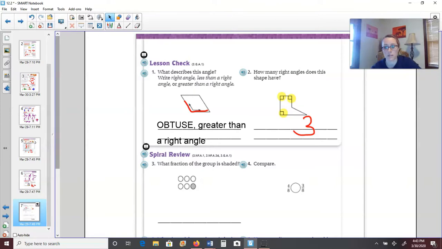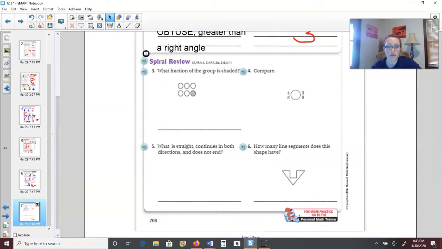All right, spiral review. Let's do this. What fraction of the group is shaded? Ooh, I love fractions. Well, let's look at our group. There are 1, 2, 3, 4, 5, 6 circles. The total number is our denominator down at the bottom. And since one of those circles is shaded, I would write 1 as my numerator. 1/6 is shaded. Number 4, compare the fractions.